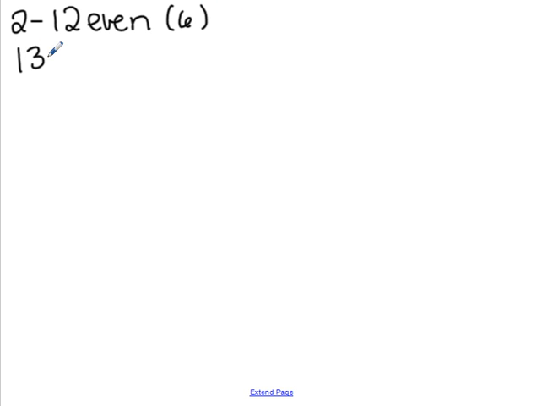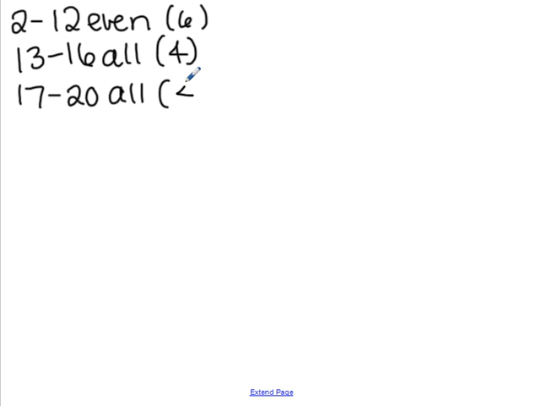You're going to do 13 through 16 all, which is 4 problems. You're going to do 17 through 20 all, which is also 4 problems. You're going to do 22 through 28 even, which is 4 problems.